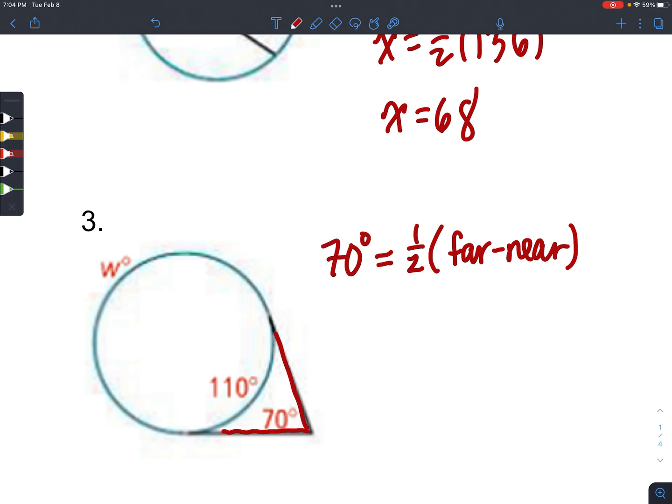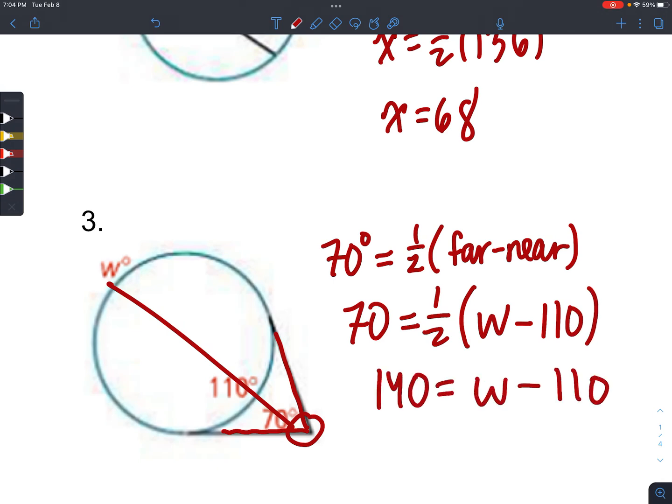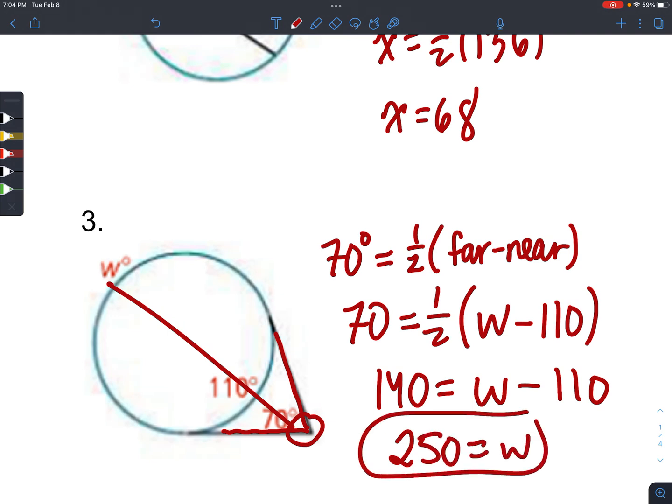The angle on the outside here is 70 degrees. So from the vantage point of this, the far arc is W and the near arc is 110. So solving for W, we get that it's a 250 degree angle.